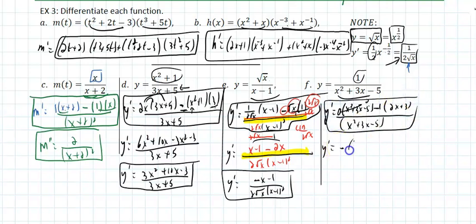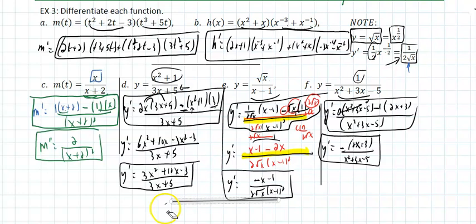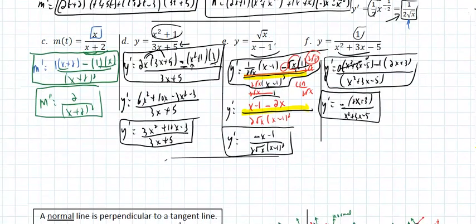The answer is negative 2x plus 3 over x squared plus 3x minus 5. So the homework is going to reflect a portion of 2 sections.